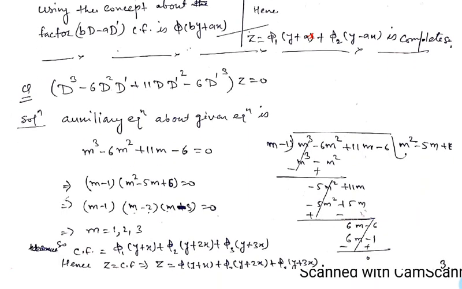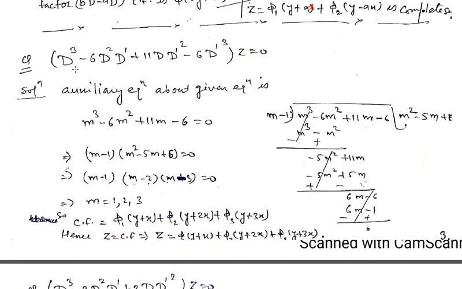Let's take another problem. (D³ − 6D²D′ + 11DD′² − 6D′³)z = 0. We write its auxiliary equation. To write its auxiliary equation, just replace D with m and D′ with 1.